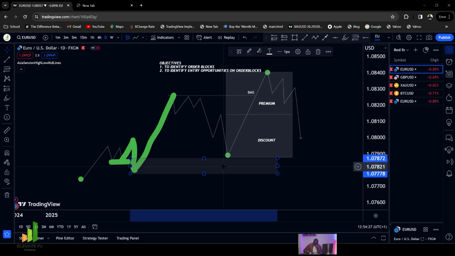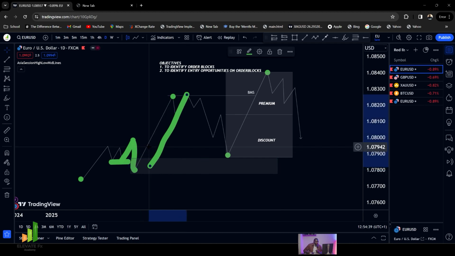This becomes our demand zone. So once price pulls out from here, this area that was left unmitigated is where we are looking to get involved in the market for buys. It could be anywhere. It could be here, it could be here, it could be here, but it should be at our discount level, and there are certain rules that we are going to follow in picking the right order blocks when we're looking to get involved in the market.